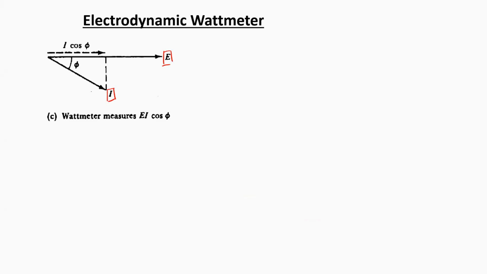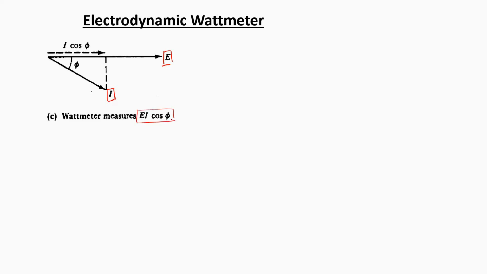Let's say there is a phase difference, and the voltage is leading the current by a phase angle of phi. For these cases where there is some phase angle, the wattmeter should actually measure the power as EI cos phi.